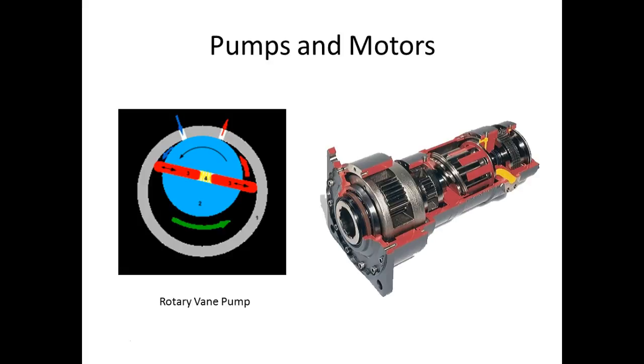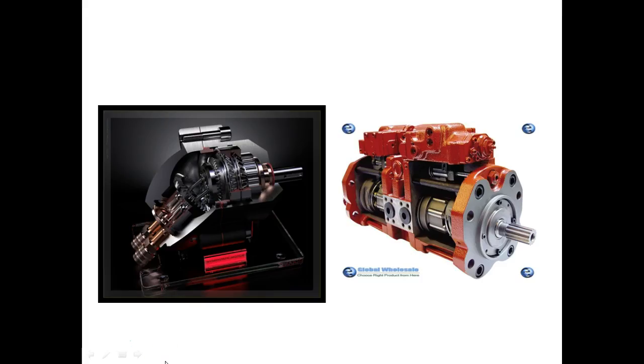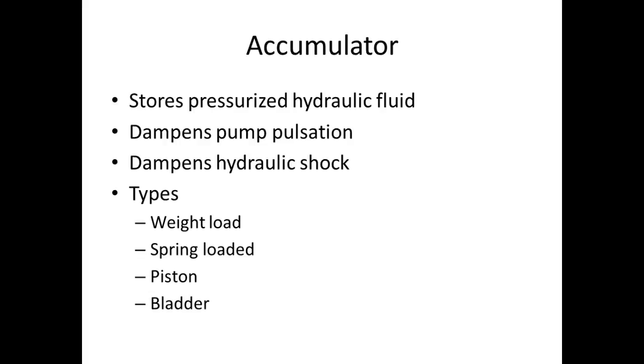So pumps and motors, we've already looked at these, right? Vane, outside gear, piston motor. Accumulator. We don't have accumulators in pneumatics, we have accumulators in fluid power. So this is a good time. Let's stop and take a break right here.